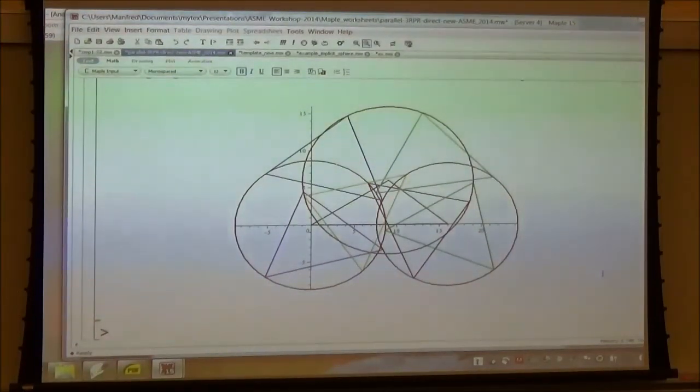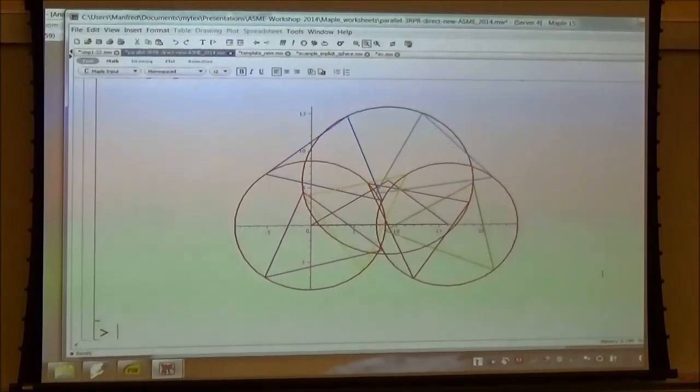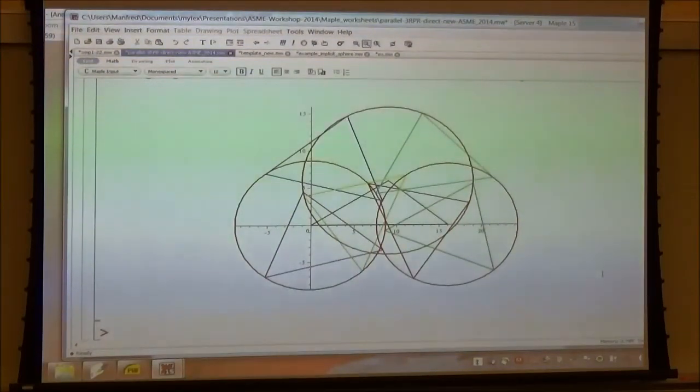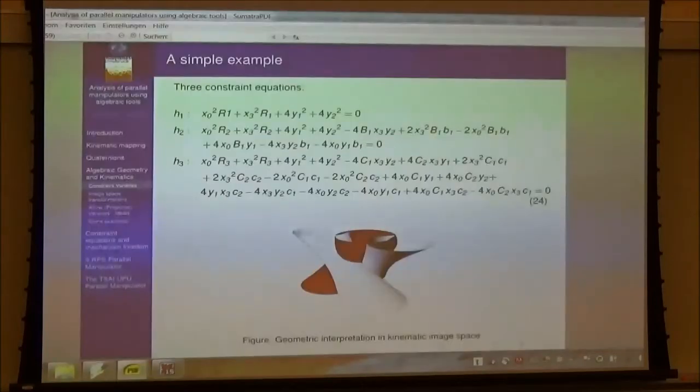So you have 6 real solutions of this planar Stewart-Gough platform, and in a similar way it would work with the Stewart platform, but there you would find 40 solutions, and there are only very few examples known where all 40 solutions are real. But this is just to show you how you can use algebraic constraint equations to solve these kinematic problems. Let me go back.